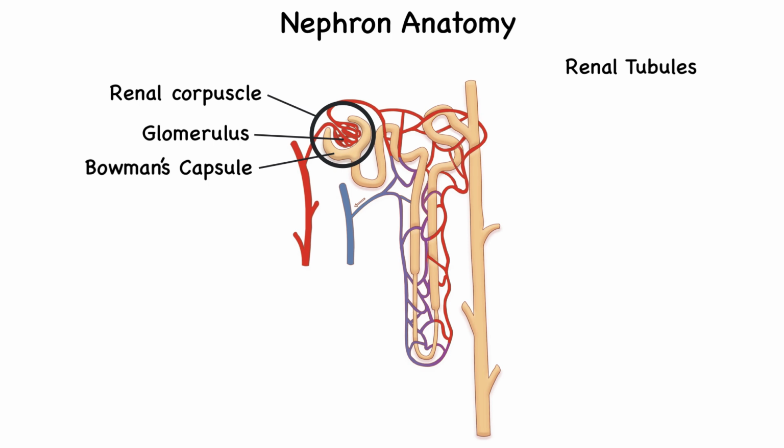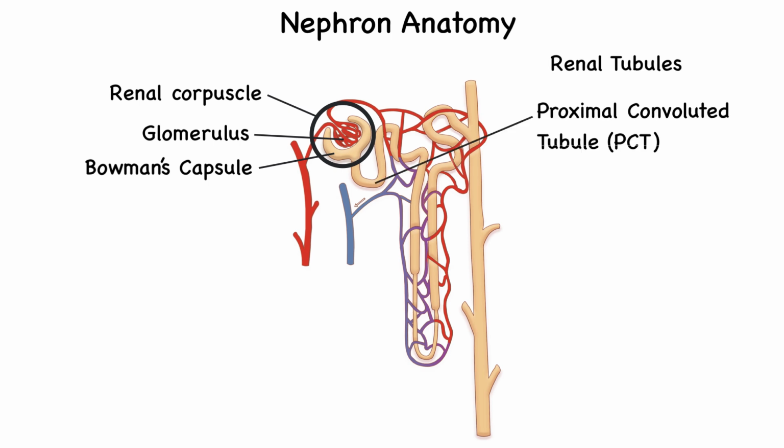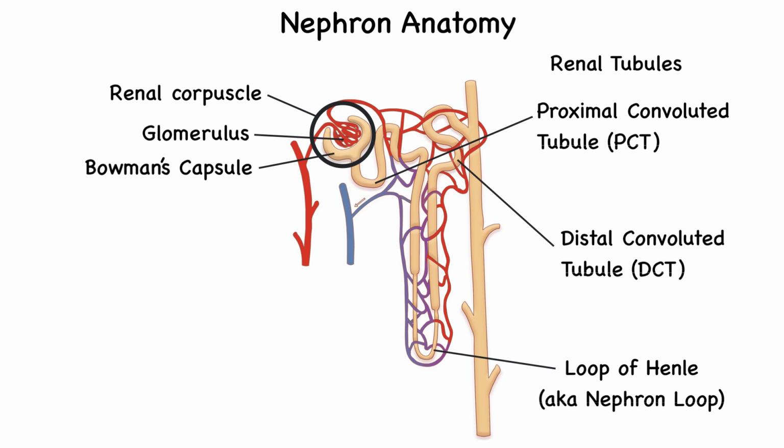The renal tubule includes three parts: the proximal convoluted tubule, the loop of Henle, or nephron loop, and the distal convoluted tubule. Proximal refers to the part of the tubule that is attached to the renal corpuscle, and distal denotes the part of the tubule that is further away.